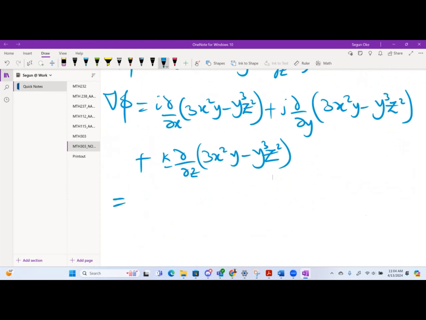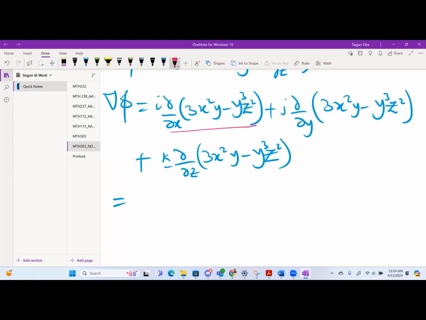So for i, we have to differentiate with respect to x. Let me see whether you are following us. Differentiate the whole function with respect to x. That is 6xy.